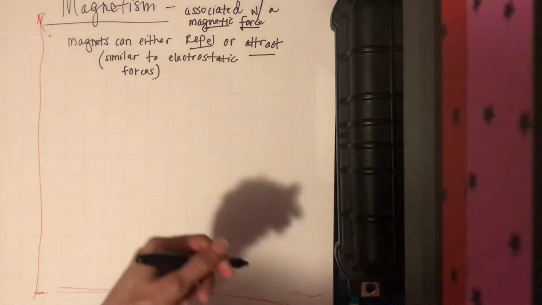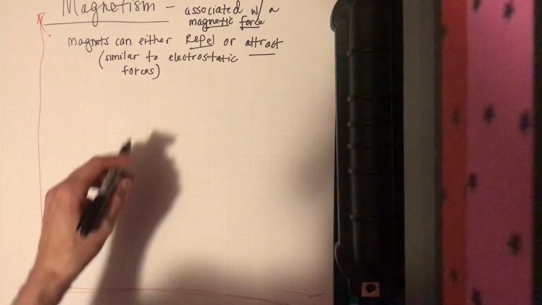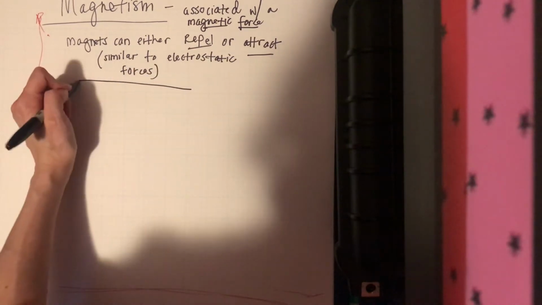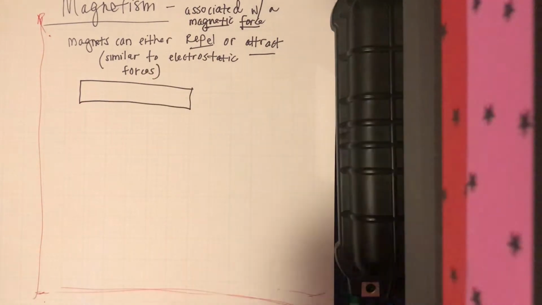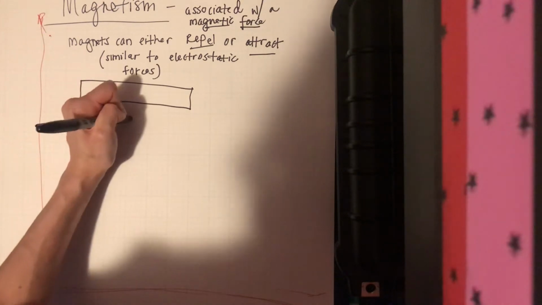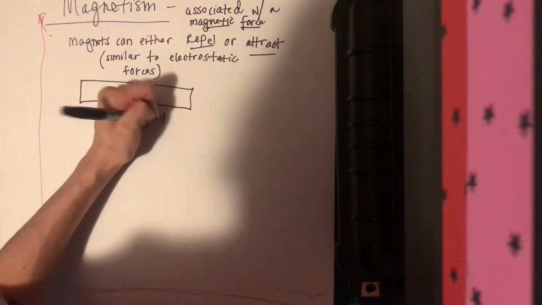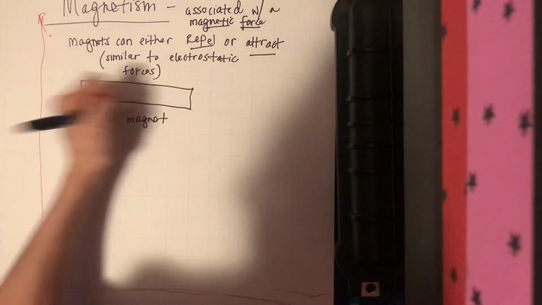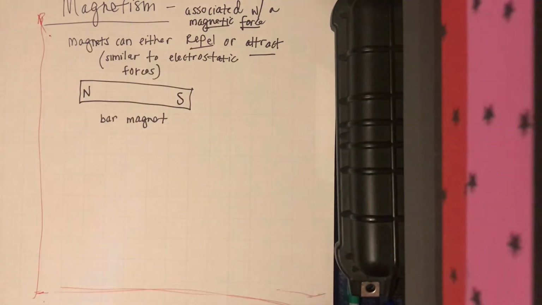So what makes them repulsive and what makes them attractive? Well, we know that a bar magnet, many of you probably already know this, has two poles. It has a north pole and a south pole.